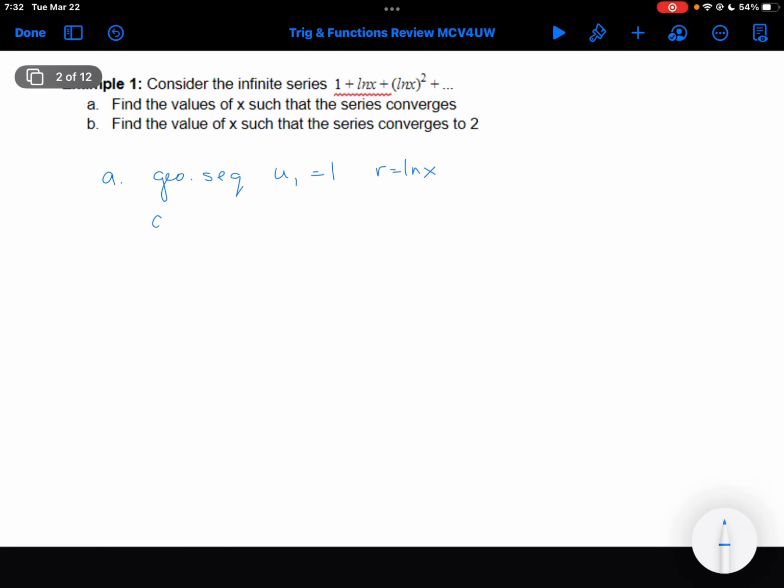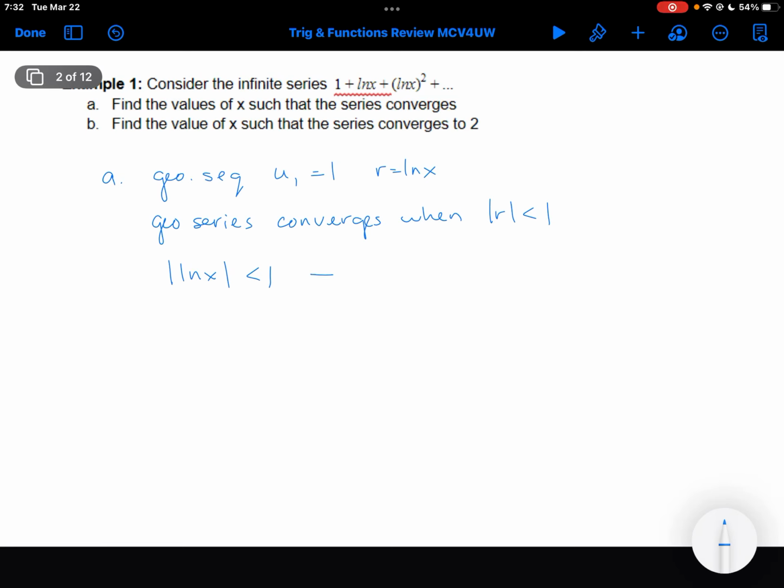So we know that a geometric series converges when the absolute value of r is less than 1. So what that means is that our r value, which is ln x, has to be less than 1 in absolute value.